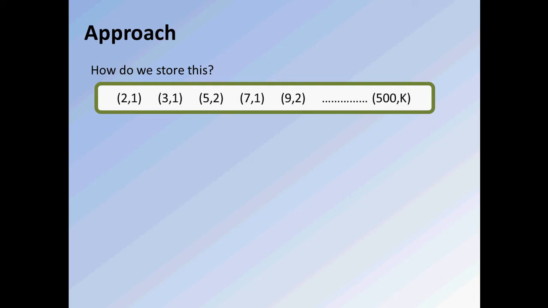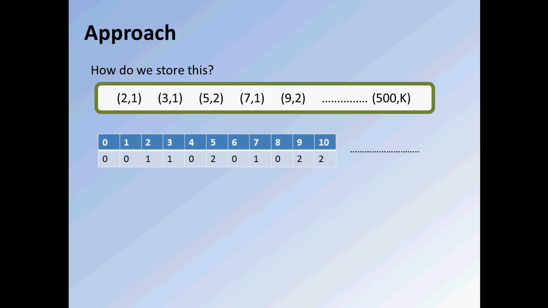So if we are given a combination of cards, how can we store them? We might think of using an integer array, the index being the sum of the cards and the integer stored being the number of cards used to form that sum.